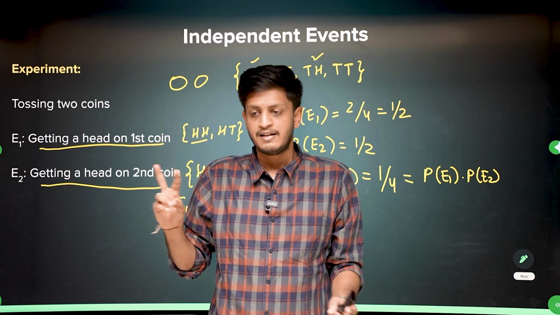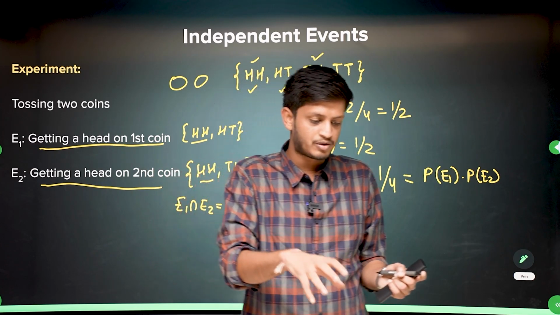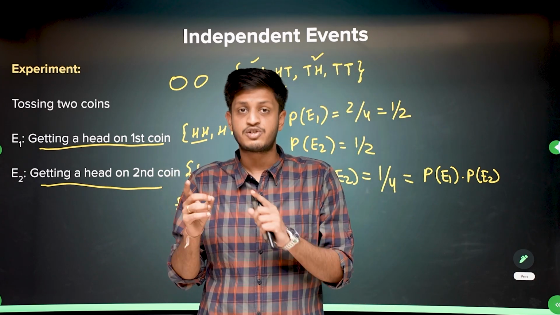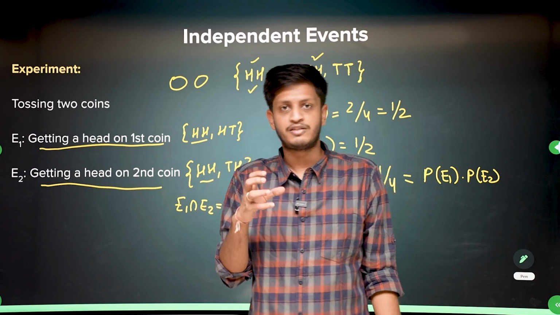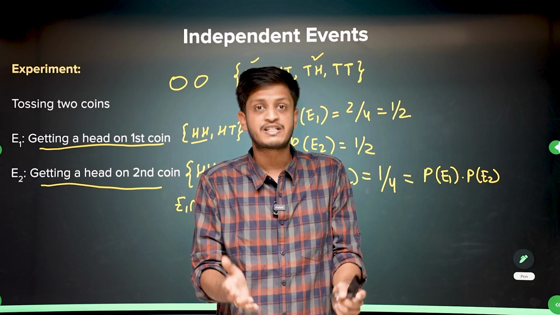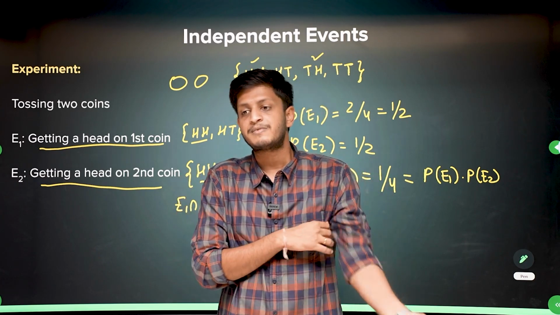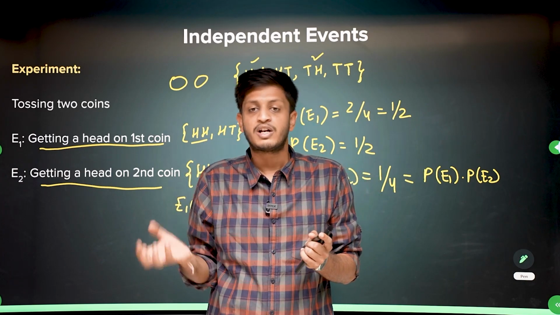In this case, the outcome of the first time when you are grabbing a ball out of the bag actually affects the second event, because you might get a red ball in the first event. Now the bag changes, right? So in this case, they are not independent. But sometimes it might be given that when you are pulling balls out of a bag, you are replacing them.